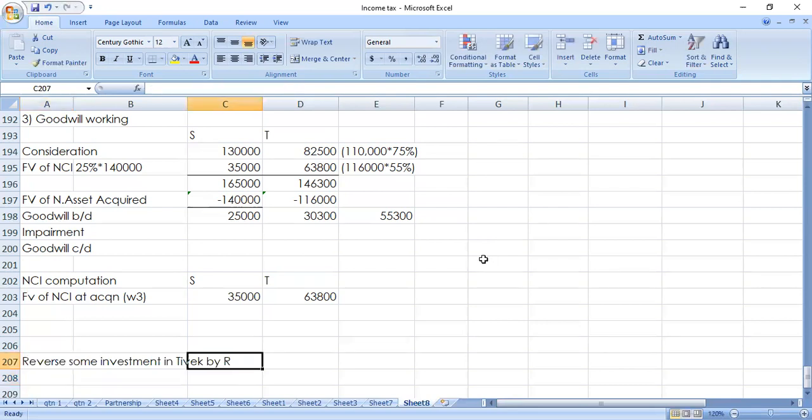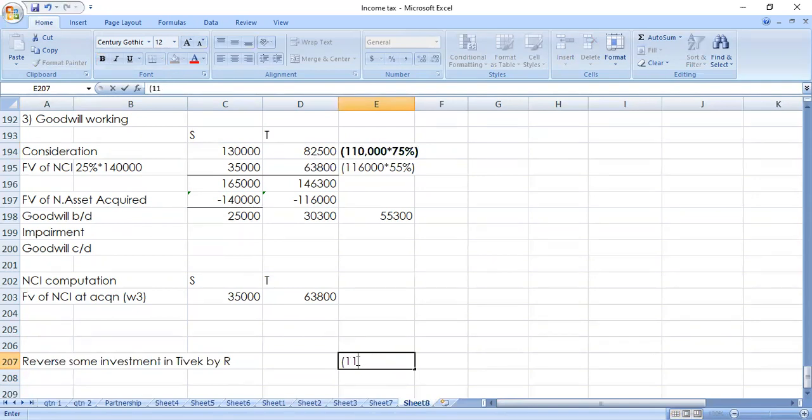Usually we reverse the balance on this one here. When you come to this figure in your goodwill, the 110,000, the balance on it, which is 25%, is what you reverse. So don't think too much, just bring the 25% of the 110.